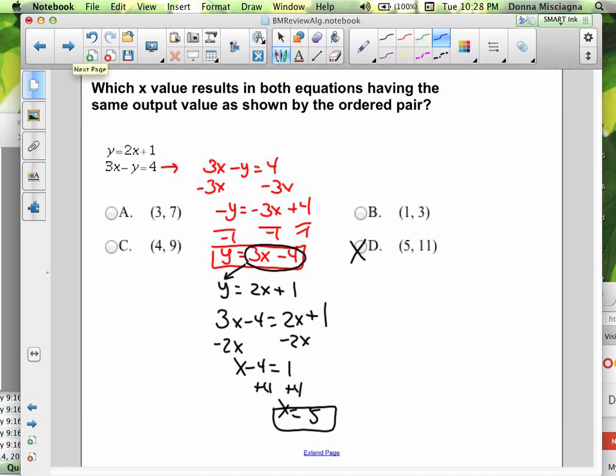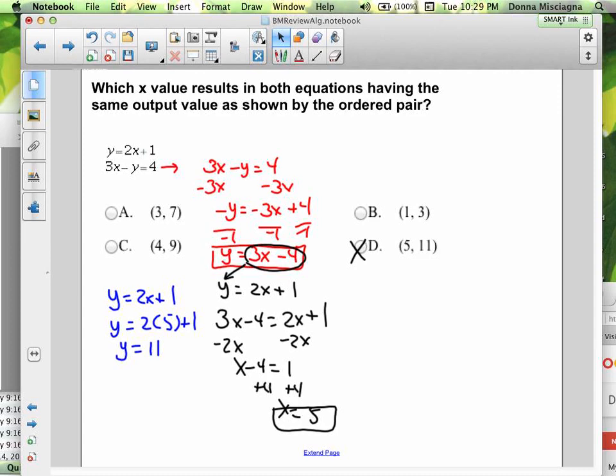So if I plug it into one of our equations here, y equals 2x plus 1, and y equals 2 times 5 plus 1, and that would be 11. And that matches. So, you can always check it by plugging it in, making sure you get that value. And you can always plug it back into the other equation to really check. But here we could tell just from the x, which was the answer.